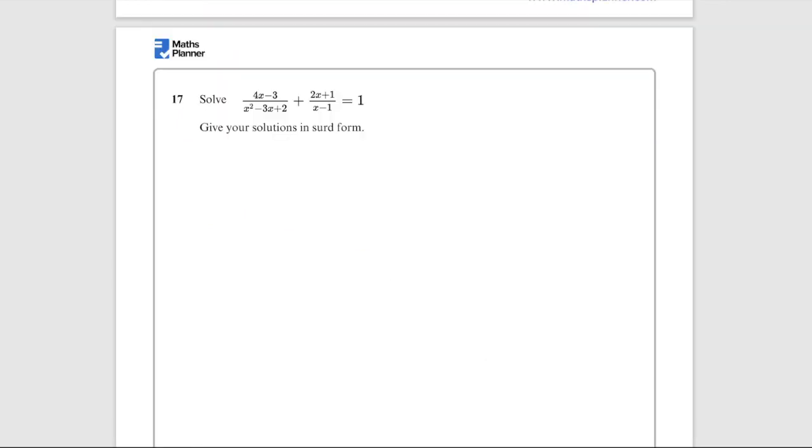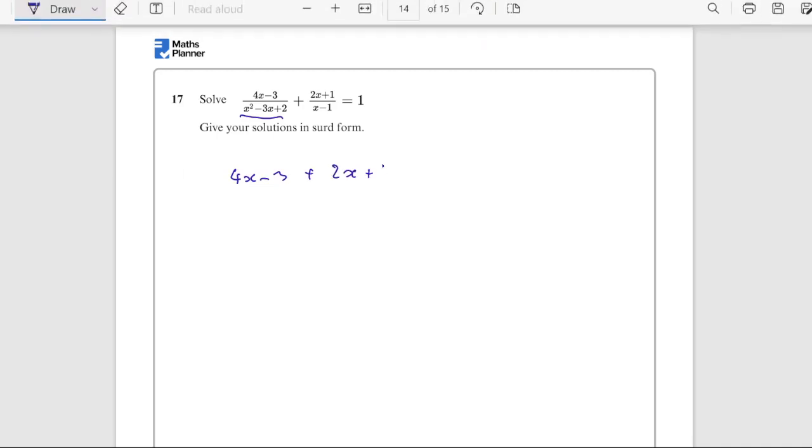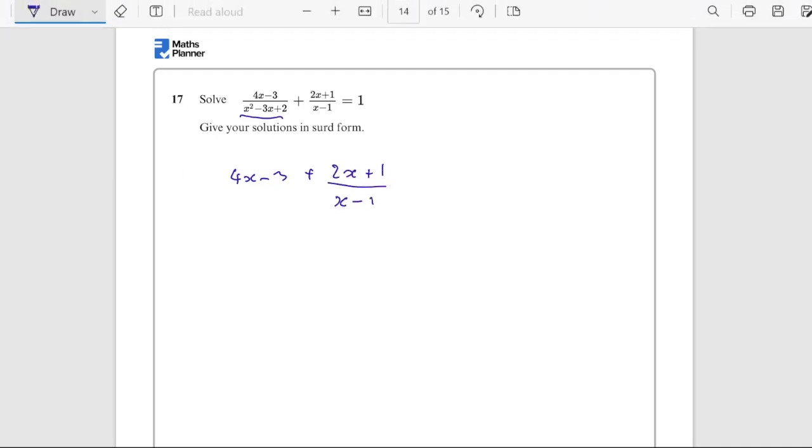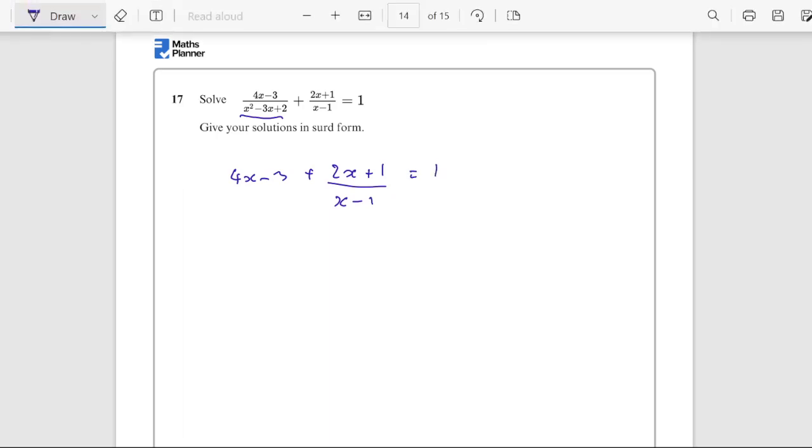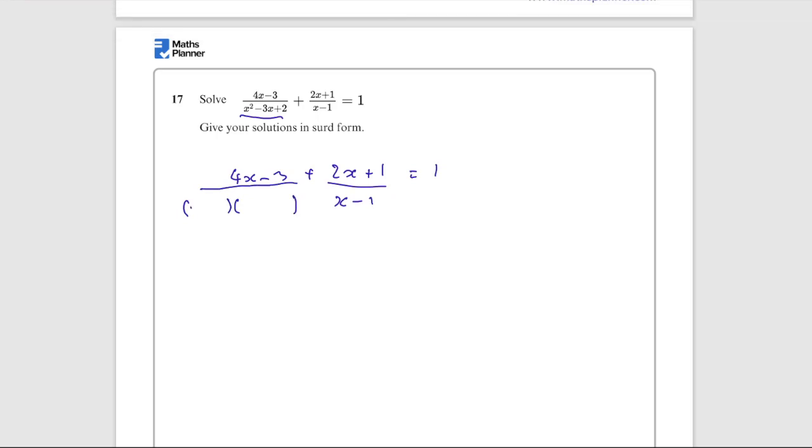Right, question 17. So solve, giving your answer in surd form. Okay, so I am going to factorise as much as I can to start with, which I believe is only going to be this part here. So if we start that off, this is going to go into 2 brackets. I'm hoping it follows. So x's after 2 numbers that multiply together to make 2, but add together to make -3.